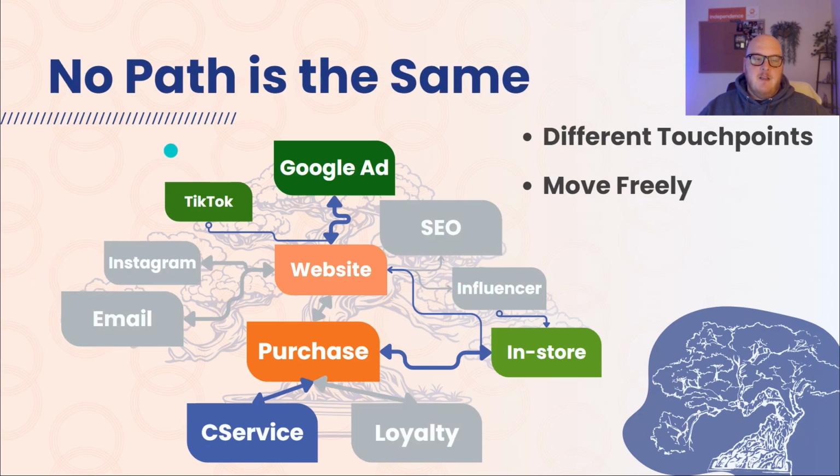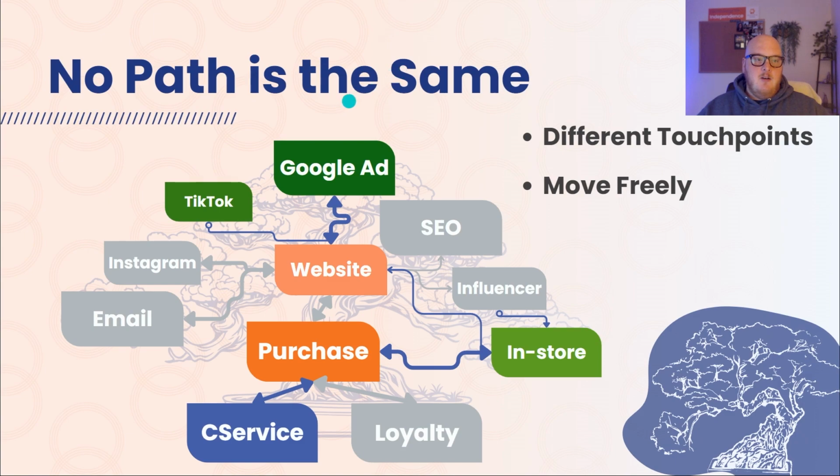The root path is really the same. Every touch point is going to be different for each customer. So every time you're using an app or downloading something or buying a different item, a widget of some sort, you're going to have a different path than somebody else. Even if it's very similar, you're still probably going to have a slightly different path.